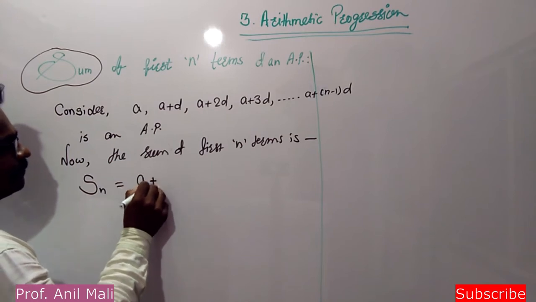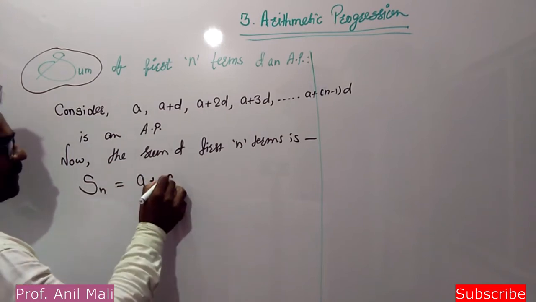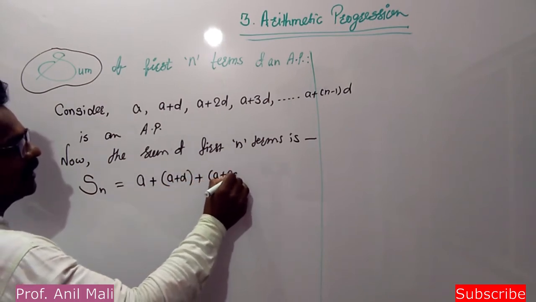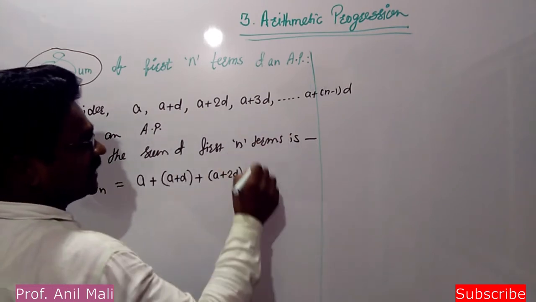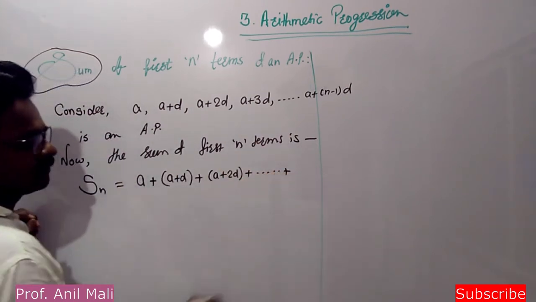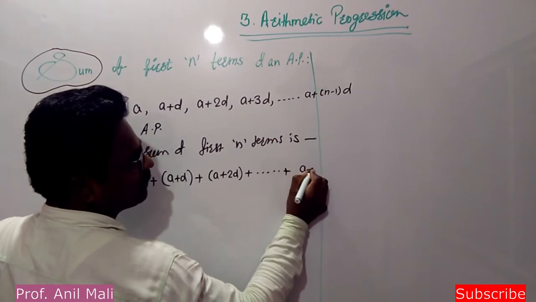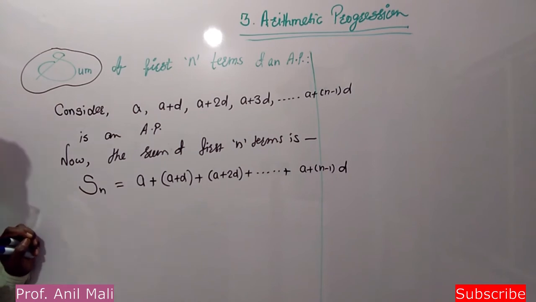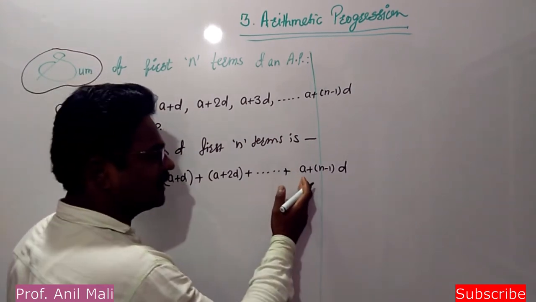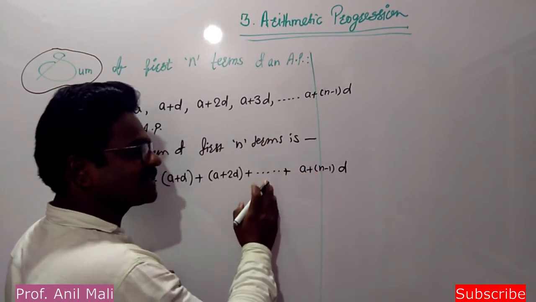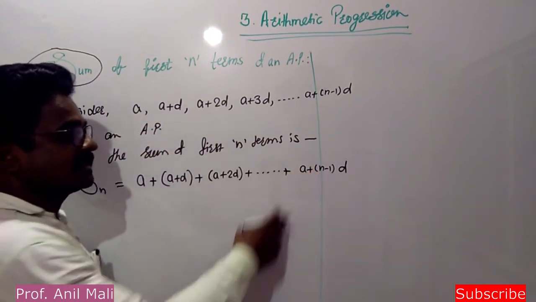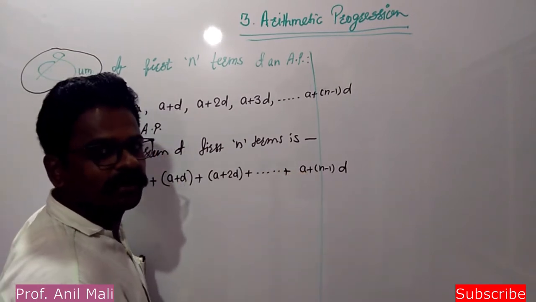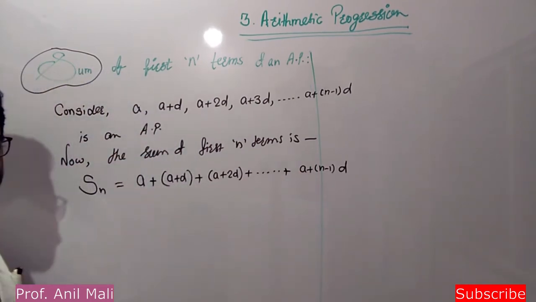It's A, then A plus D, then A plus 2D, then A plus 3D, and so on, plus the last term, the nth term, A plus n minus 1 into D. Now tell me, students, which one will be the second last term in this addition?